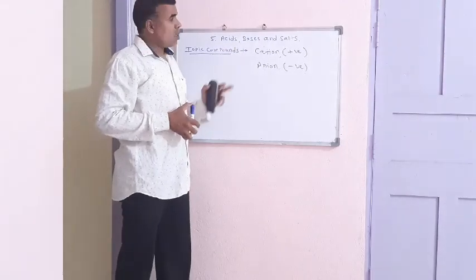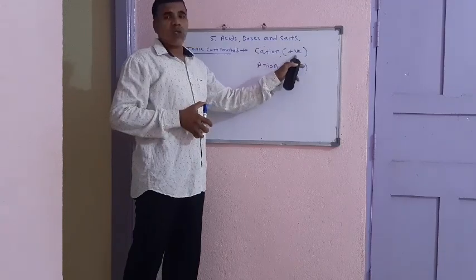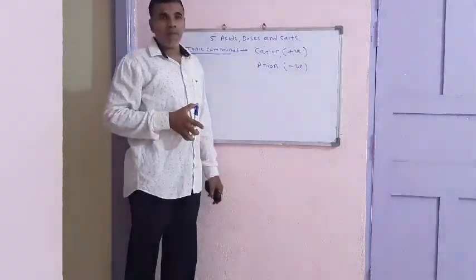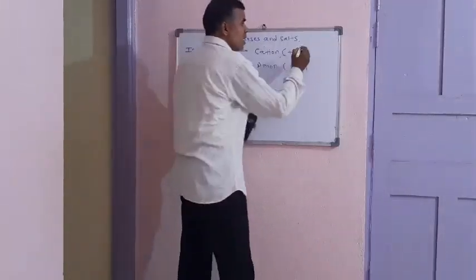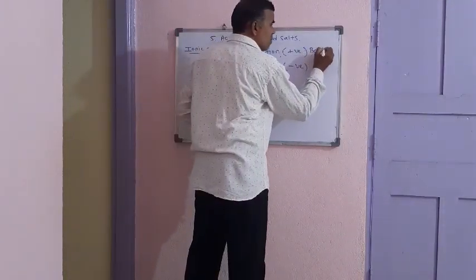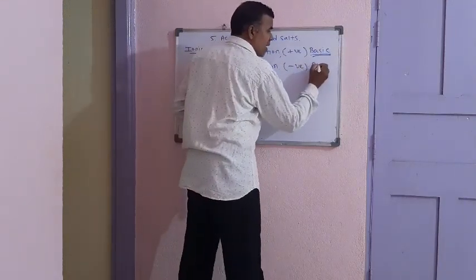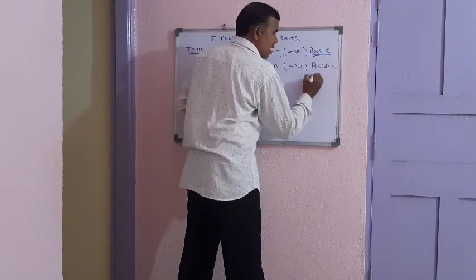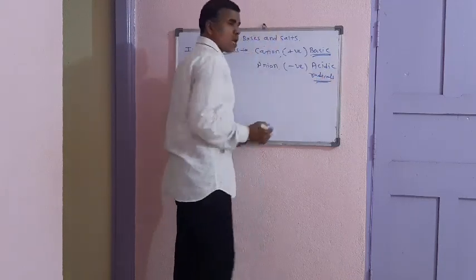Also, we know that a cation means positive charge, that is a basic radical. Cations are said to be basic radicals, and anions are said to be acidic radicals.